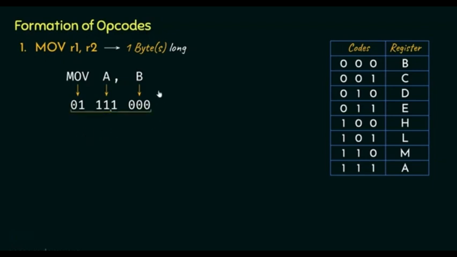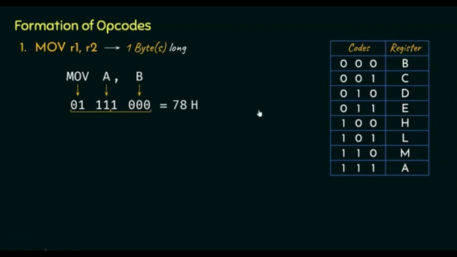Observe, if we consider the least significant 4 bits or the least significant nibble, it is 1000. Now 1000 in hexadecimal is 8, and the most significant nibble has the bits 0111. This is going to be 7 in hexadecimal. So the opcode for the instruction MOV A, B is going to be 78H.